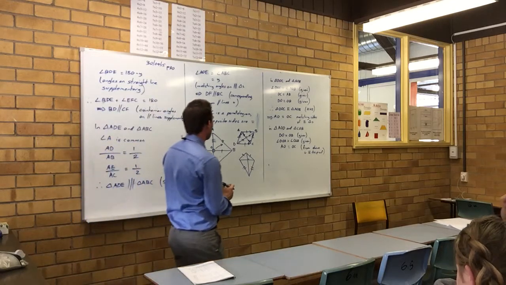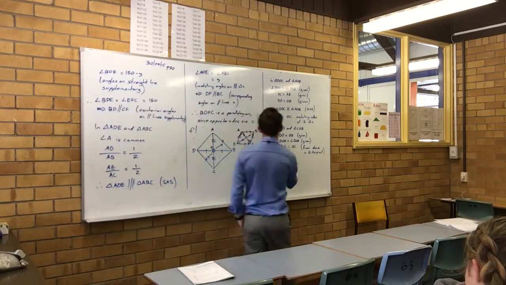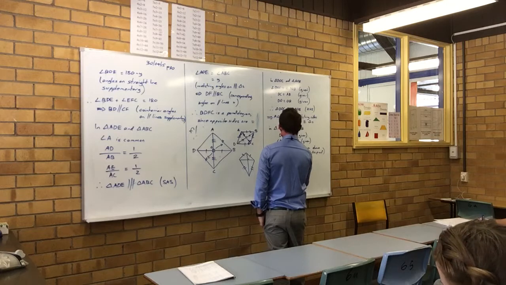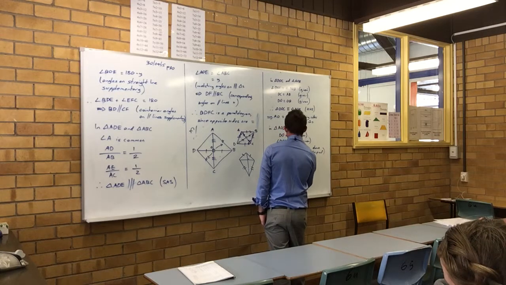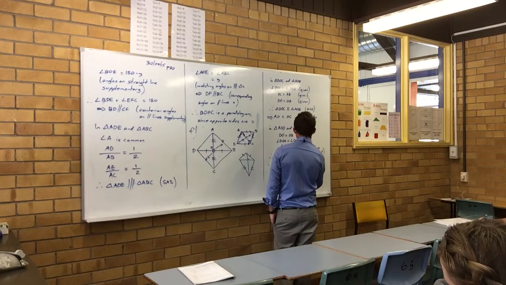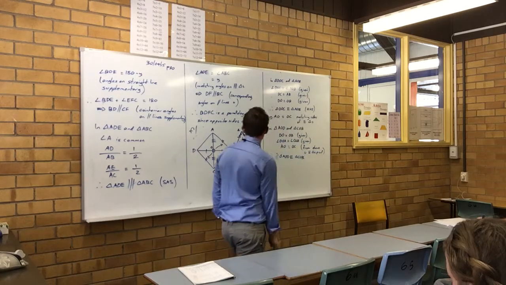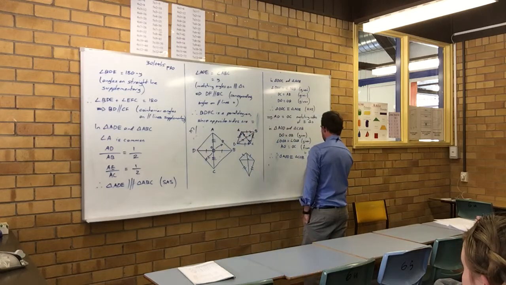Okay, so therefore triangle AOD is congruent to triangle COB. Alright, so this one was the angle side test.